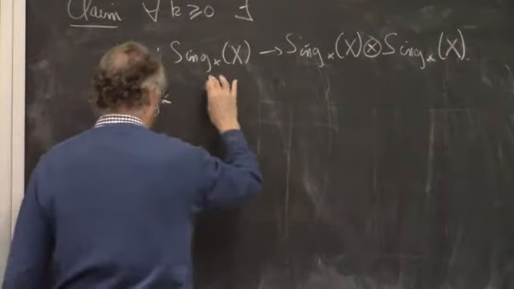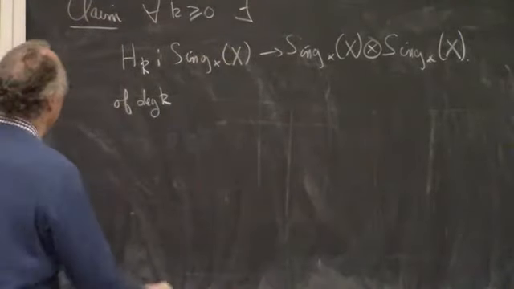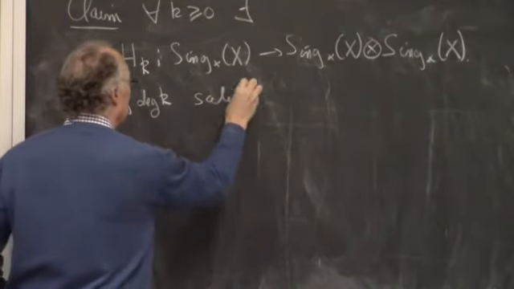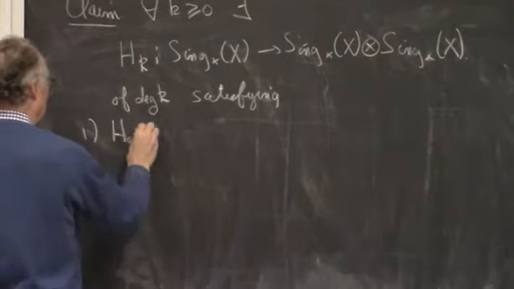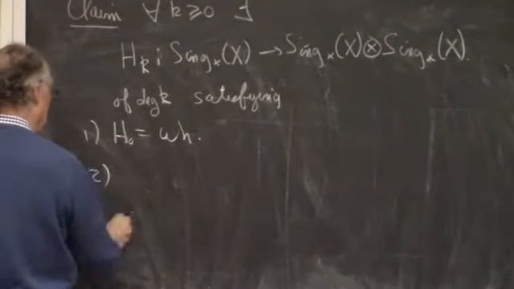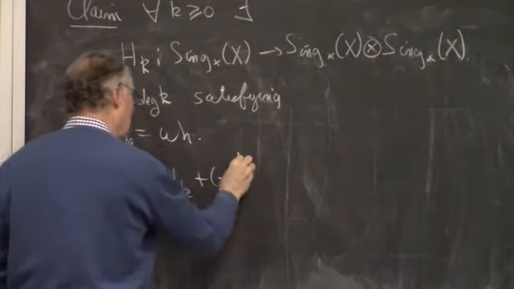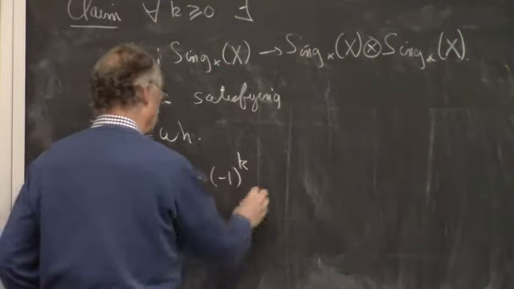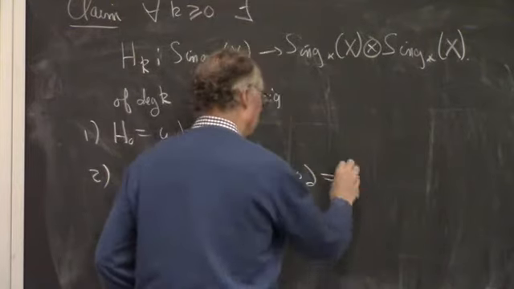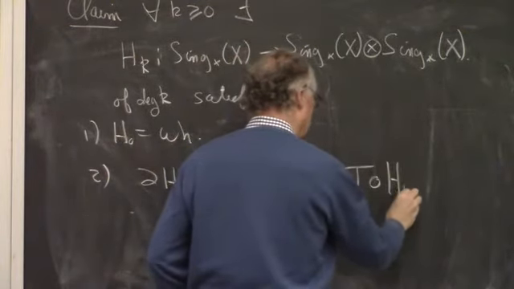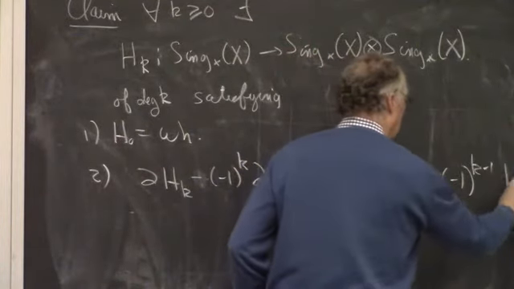So an element of degree r here goes to something of total degree r plus k, satisfying: one, h_0 is the Whitney map; two, boundary h_k plus minus one to the k, h_k composed with boundary, is flip applied to h_{k-1} minus one to the k minus 1, h_{k-1}.